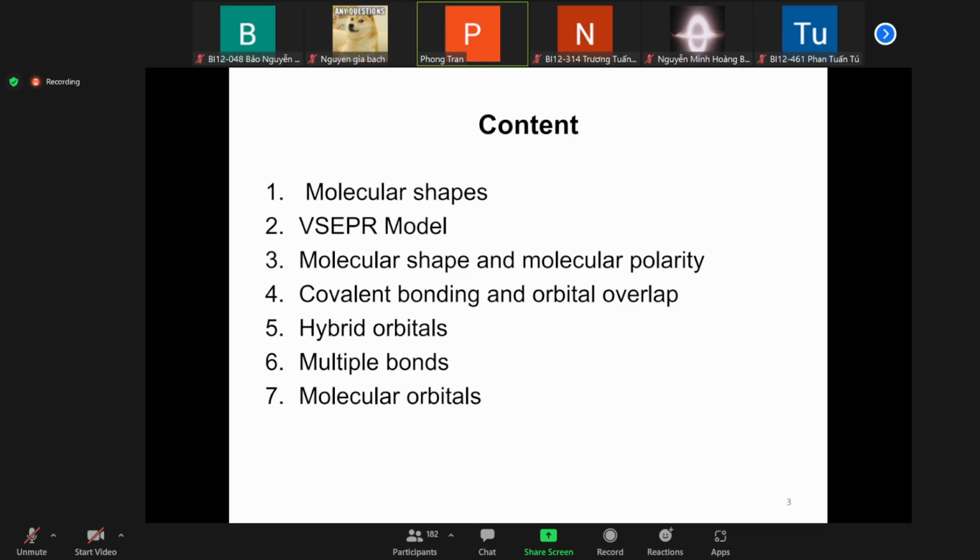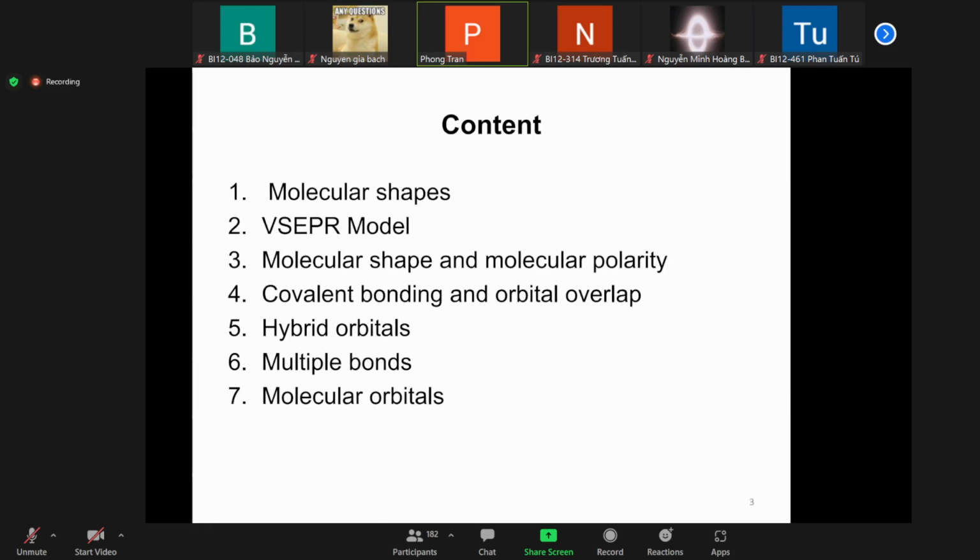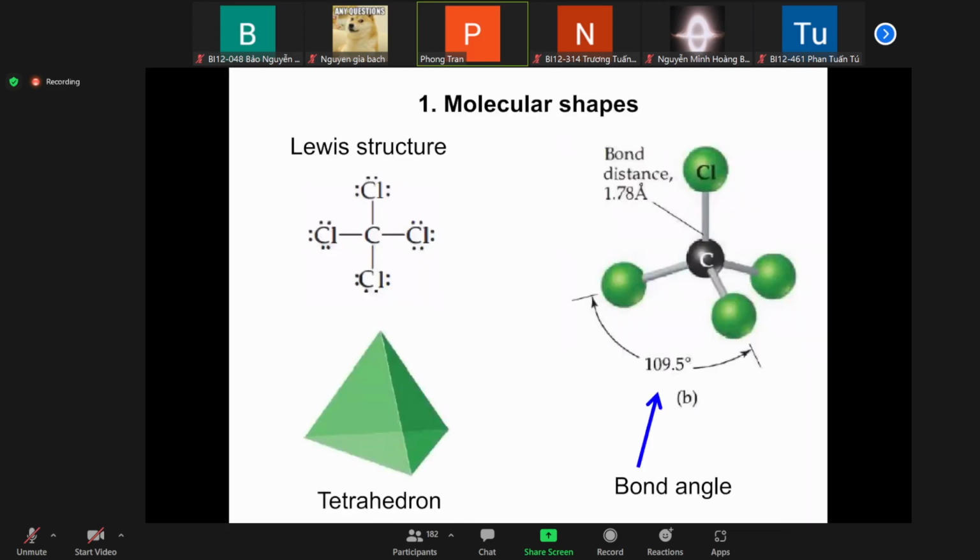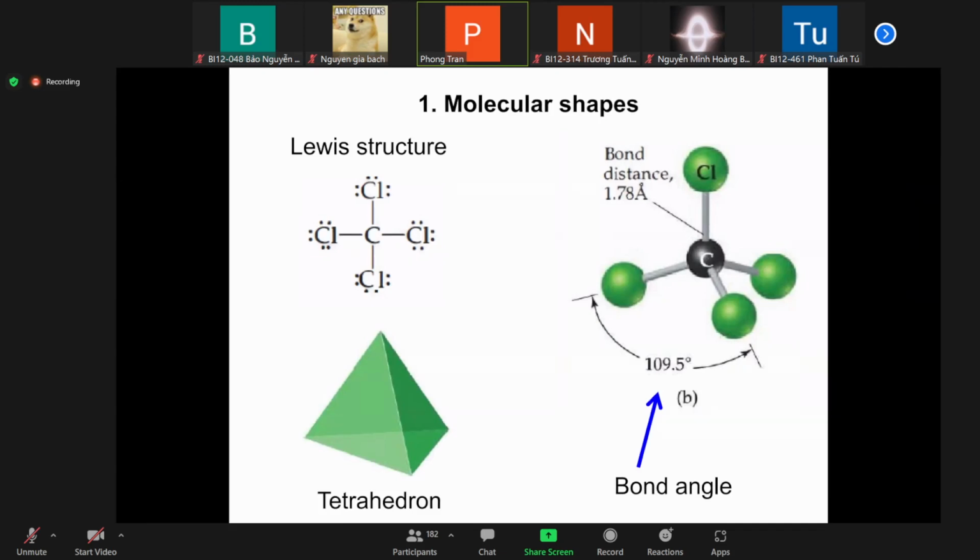Okay, so let's go first to the geometry. Here you have the Lewis structure of the molecule CCl4. When you draw this structure on paper, you can imagine that you have four exactly identical bonds, and that the angle Cl-C-Cl will be 90 degrees.